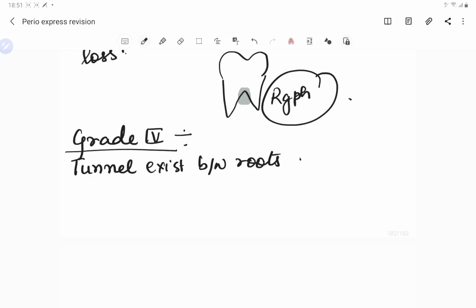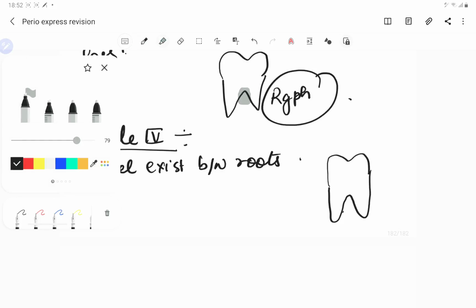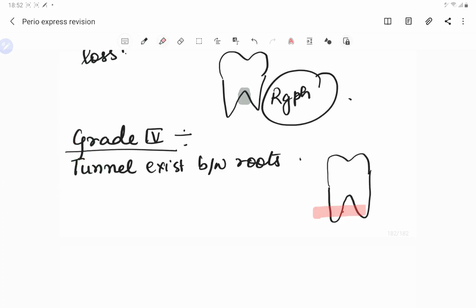You can actually easily see it clinically. If you see clinically, guys, you will find that there is a furcation. So up till here you will be able to see like this. So you can see that tunnel with your naked eyes. So furcation opening is visible.